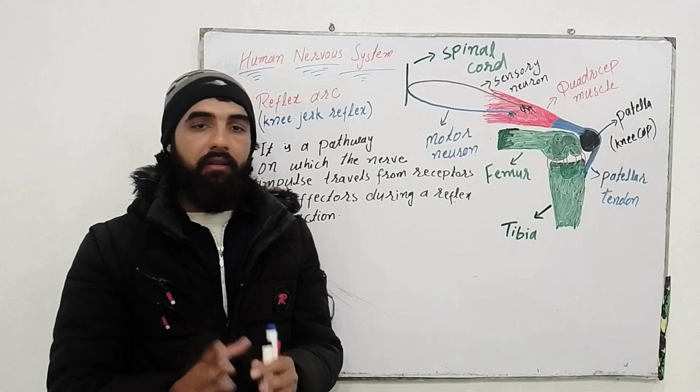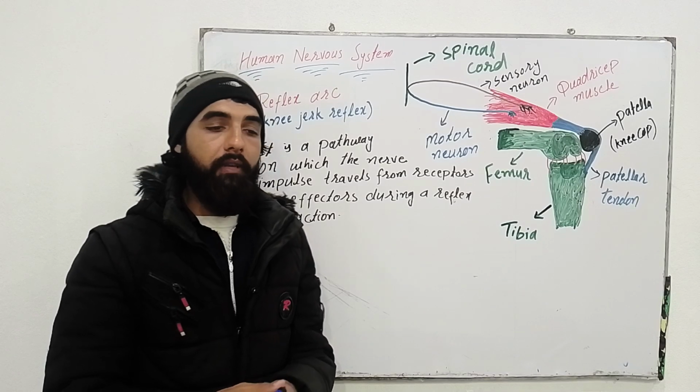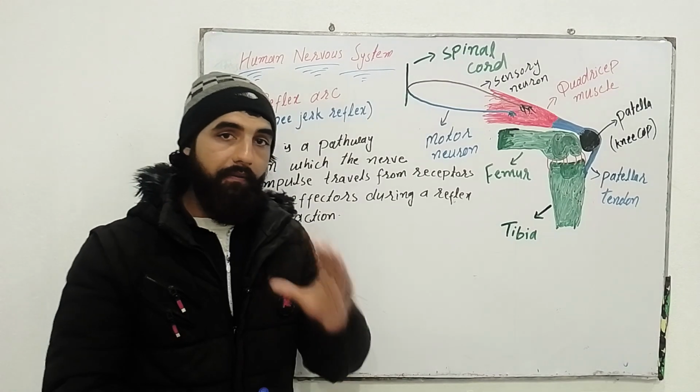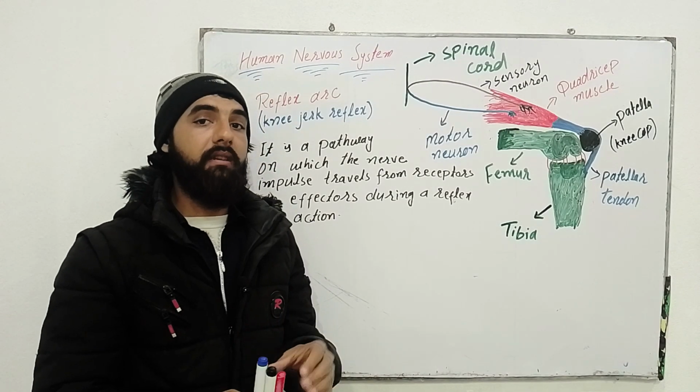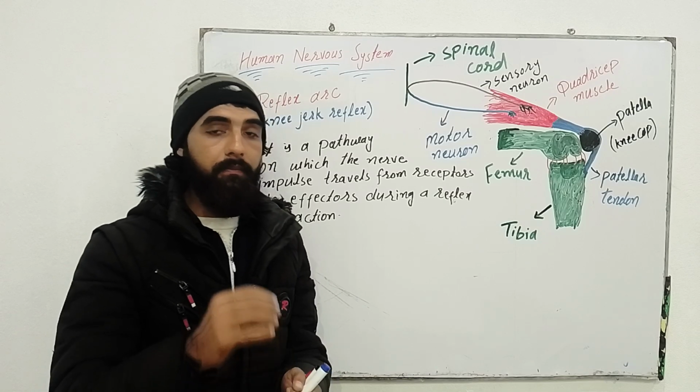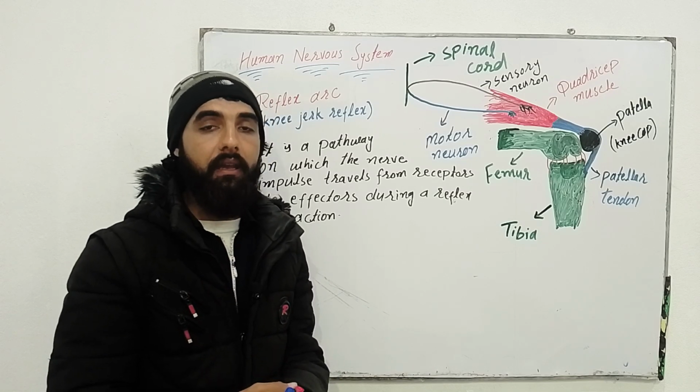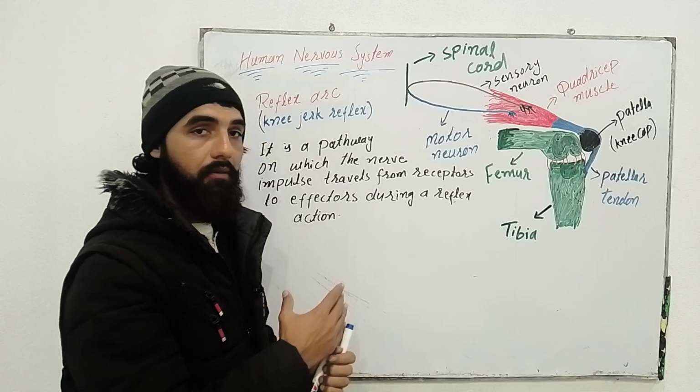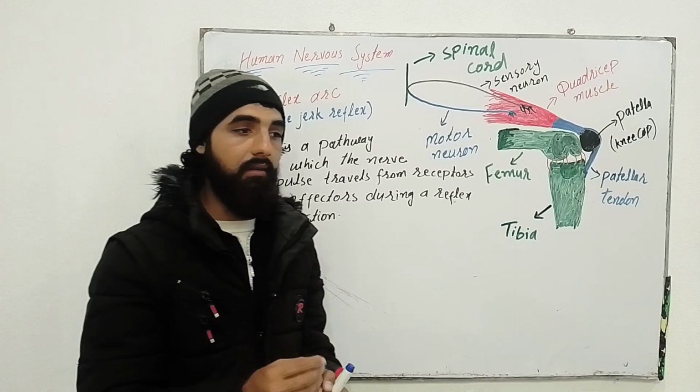Simply, the reflex arc is a pathway on which the nerve impulse or the message travels for performing a reflex action. It is called what? It is called reflex arc.